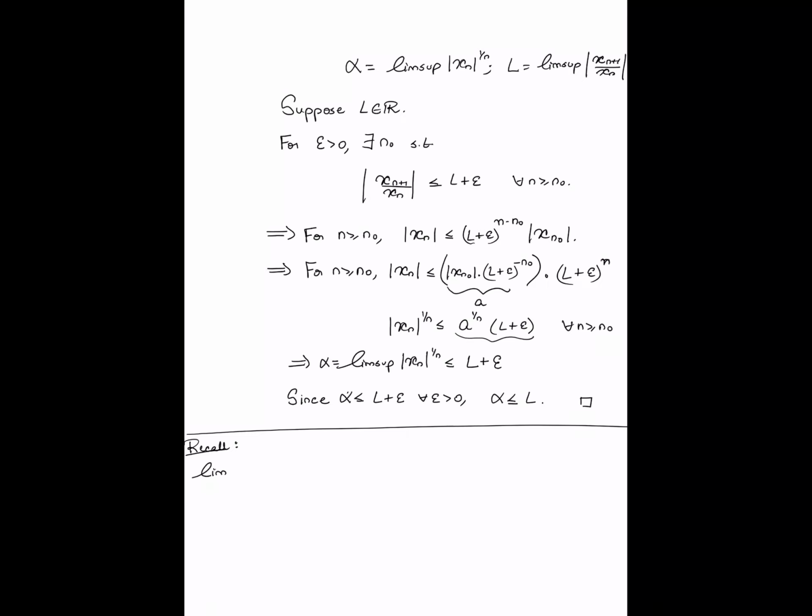That the lim inf of mod x_{n+1} by x_n is less than or equal to the lim inf of mod x_n raised to 1 by n, which is less than or equal to the lim sup of the same, which in turn is less than or equal to the lim sup of mod x_{n+1} by x_n. Okay. So this is what we just proved, and there are two conclusions that I want to draw from here.